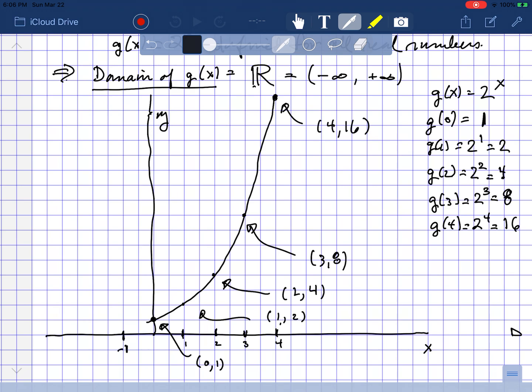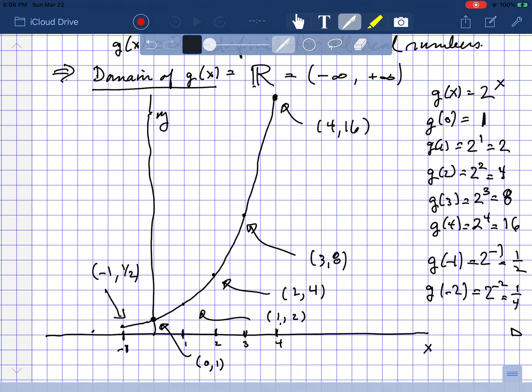And now let's go over here. Minus 1. And g of minus 1 is equal to 2 to the minus 1 power, which is equal to 1/2. So we're going to have a point here, the point minus 1, 1/2. And then g of negative 2 is equal to 2 to the negative 2 power, which is equal to 1/4.